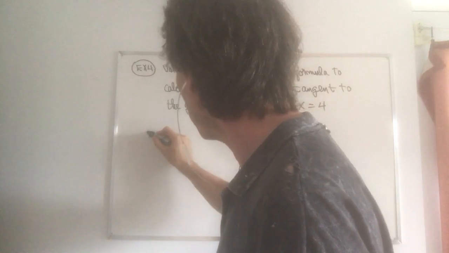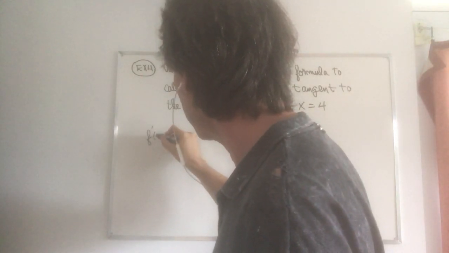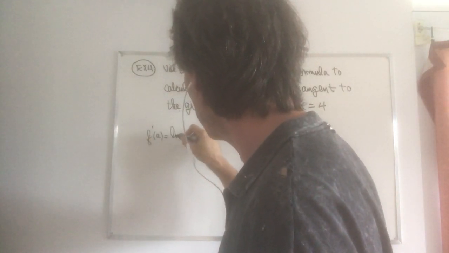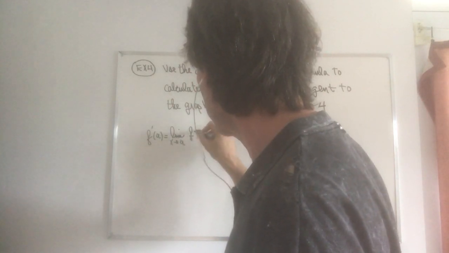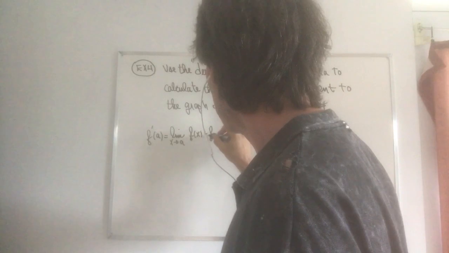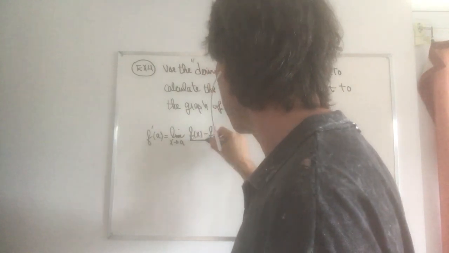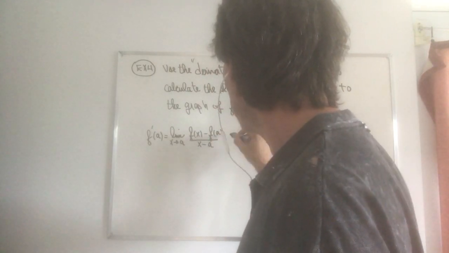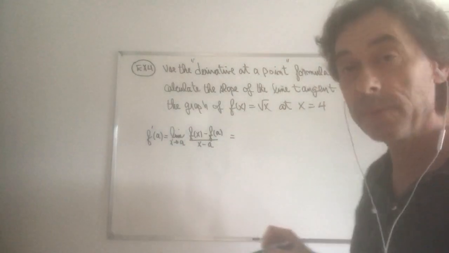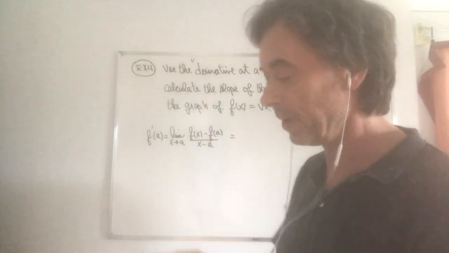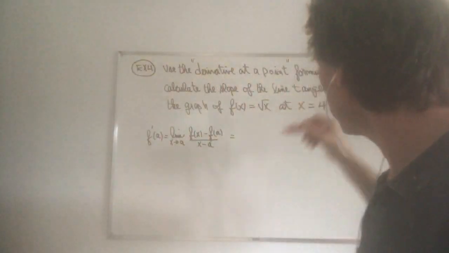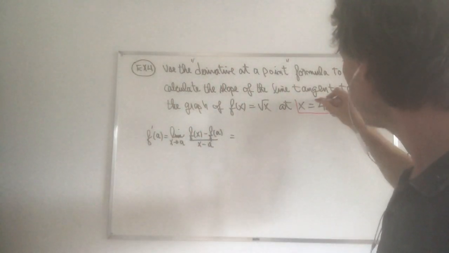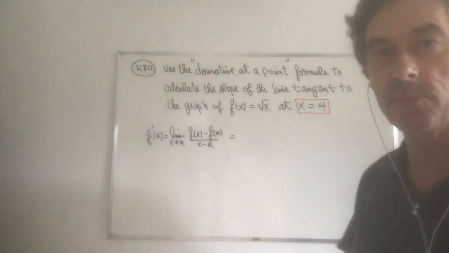So, f prime at a is the limit as x approaches a of f of x minus f of a over x minus a. Now, what is my point A? The point on the graph at which I want the tangent line is here. That's the point of interest for us in this graph.